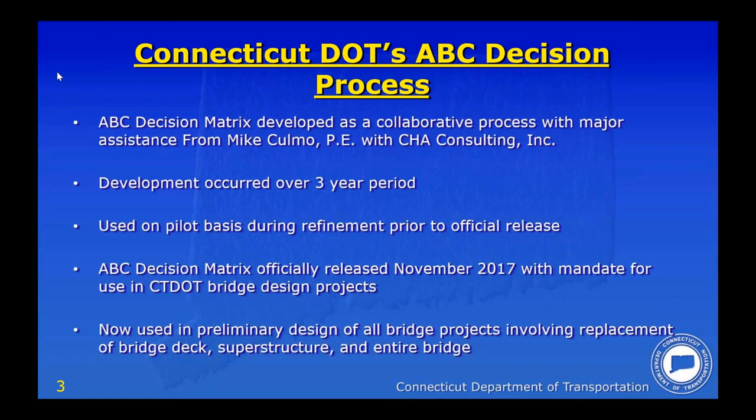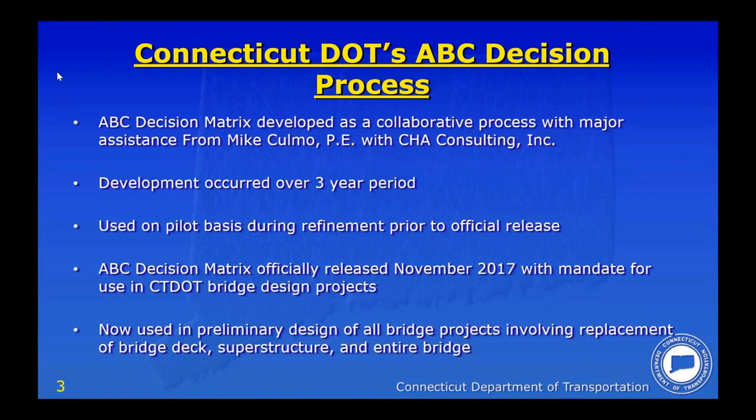Mike, with his background with ABC at this point in time from a nationwide perspective, was going to be a good help. And he had just worked with Utah DOT on development of an ABC decision matrix for them.